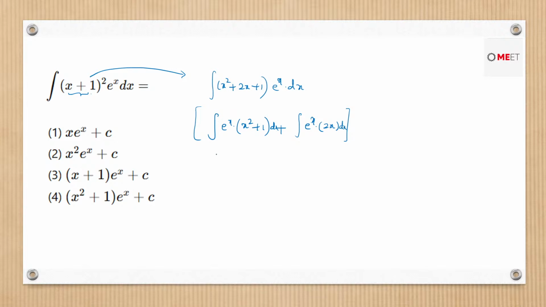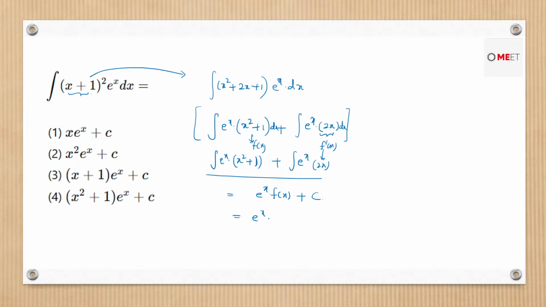So if you observe here, this is e power x. Let's call this function f of x: e power x into f of x, and this is the derivative of f of x, that is f dash x, which is nothing but 2x. So if we recall the identity, upon integration it will be straight away equal to e power x into f of x plus c.